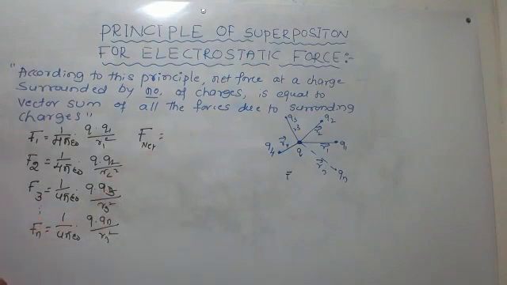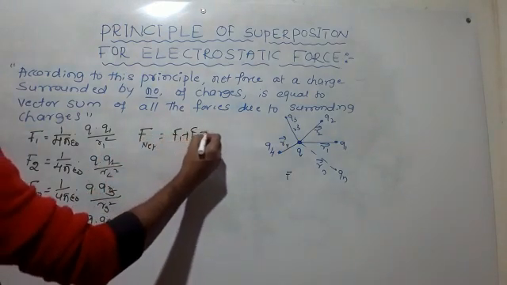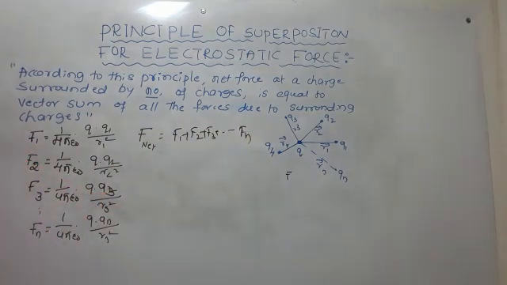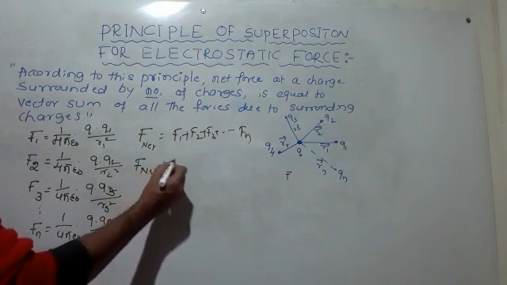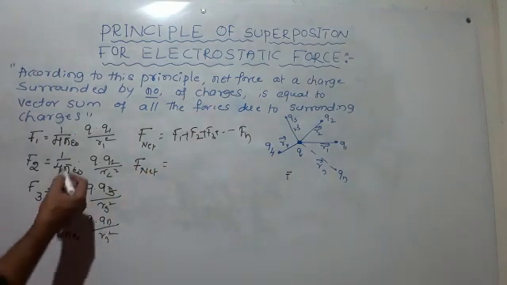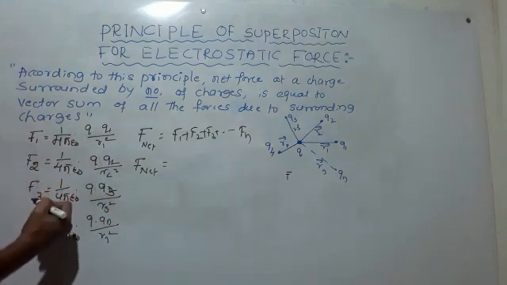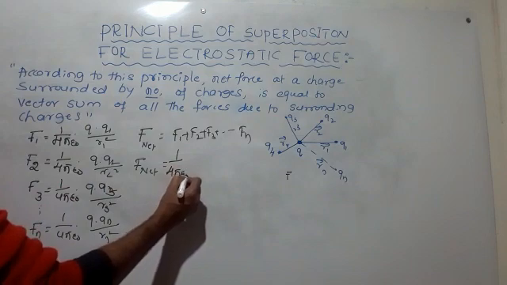The net force on Q will be the vector sum of all these forces, that is F1 plus F2 plus F3, and so on up to Fn. Now if you put in the values, the net force is equal to, out of these terms, this is common, so I will take that outside, 1 divided by 4 pi epsilon naught.